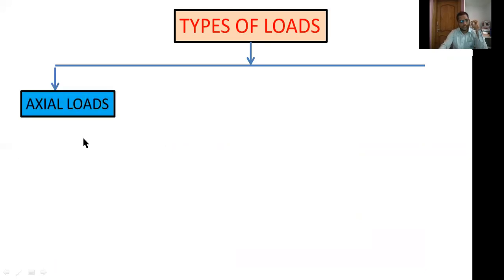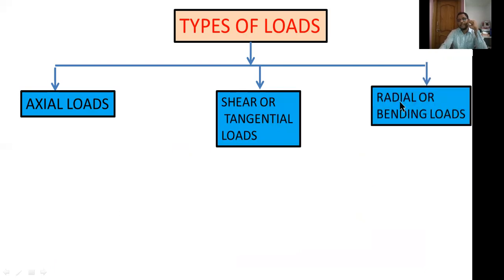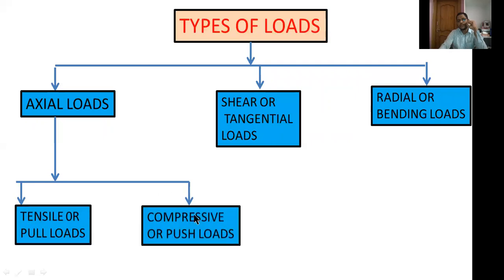Types of loads are broadly classified into axial loads, shear or tangential loads, and bending or radial loads. Then axial loads are again classified into tensile or pull loads and compressive or push loads.